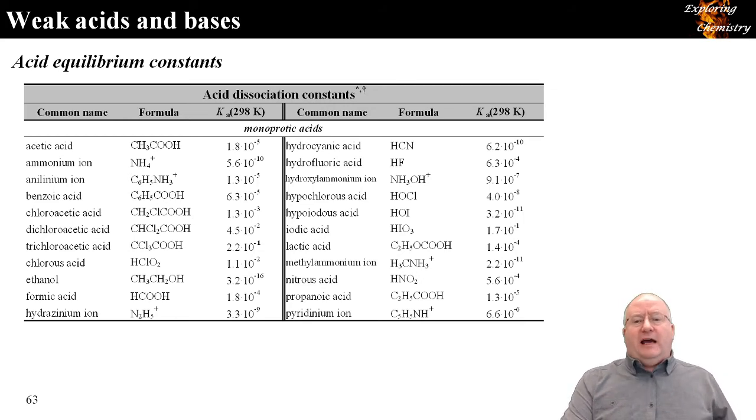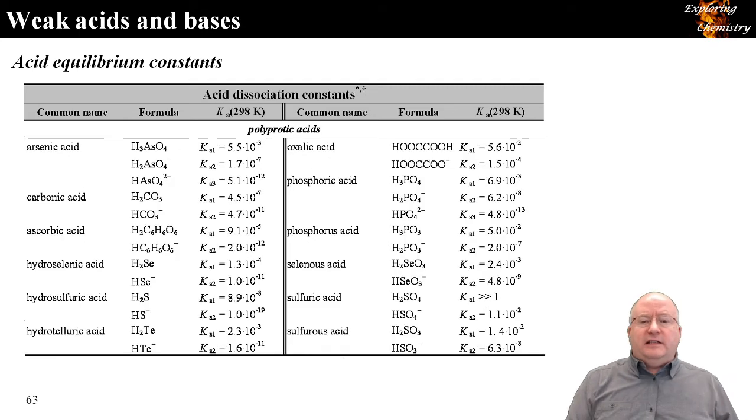These are monoprotic acids. These are polyprotic acids. And here we saw for phosphoric acid, there are 3 Ka values, one for each proton as it dissociates off: Ka1, Ka2, Ka3. Carbonic, sulfuric, oxalic acid, all acids that have more than one proton that can dissociate.